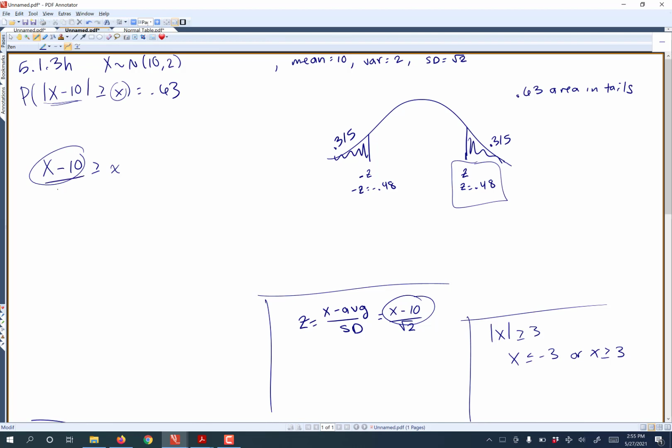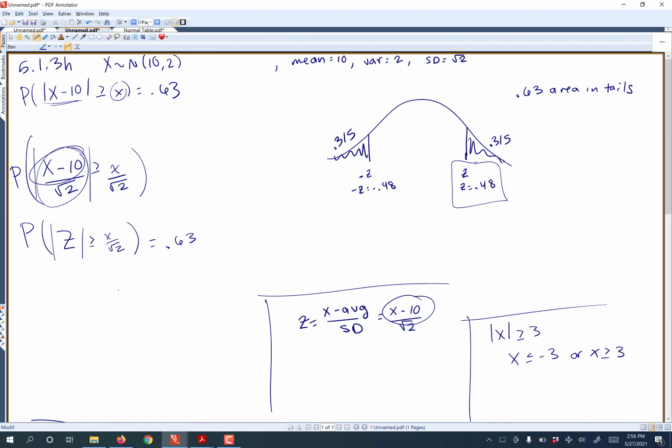So if I divide both sides by the square root of 2, I can do the probability of x minus 10 over square root of 2 is greater than or equal to x over square root of 2. So we're getting closer. Now this whole x minus 10 over square root of 2 could just be replaced by a big Z. So capital Z greater than or equal to x over square root of 2. Again, we technically were supposed to have absolute values there, equal to 0.63.